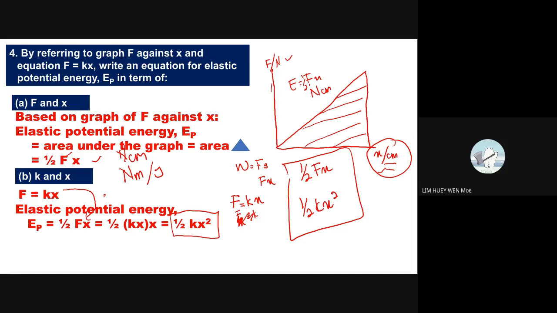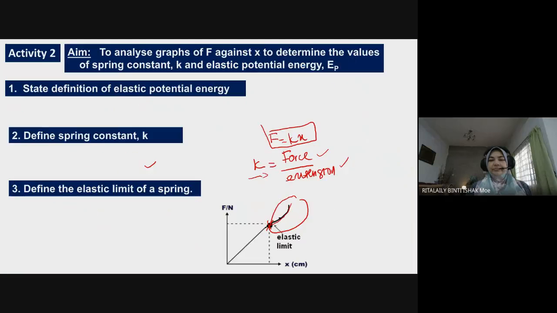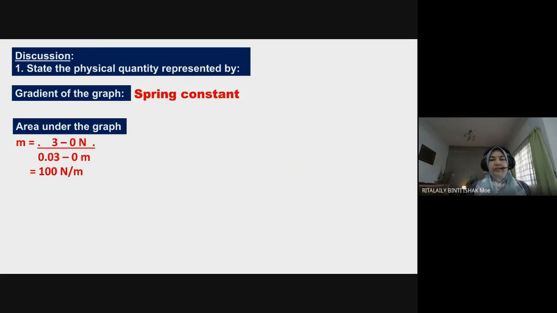If the question does not state anything about wanting the answer in SI unit, you can give whatever unit you want. If you want to convert, then convert; if you don't want to convert, that is also fine. I forgot to mention that for elastic potential energy in a spring, the SI unit is Joule or Newton meter, whereas for spring constant, the SI unit is Newton per meter.